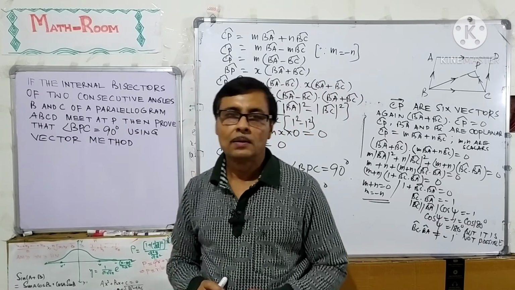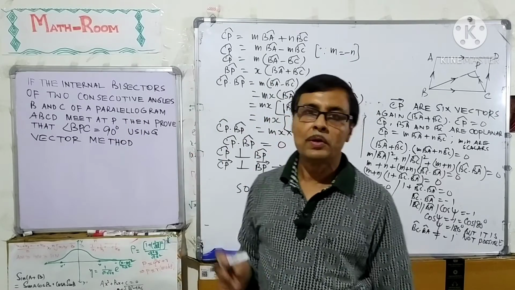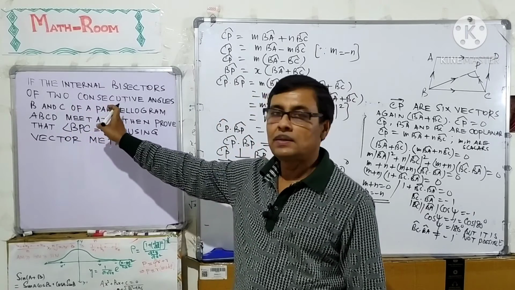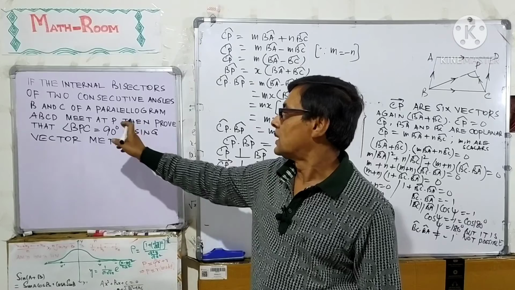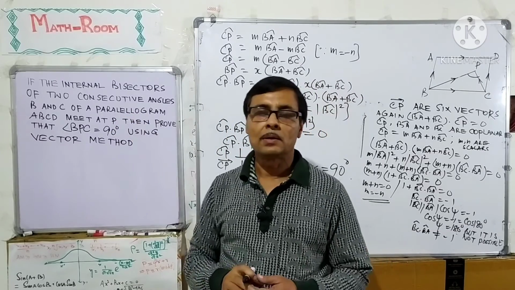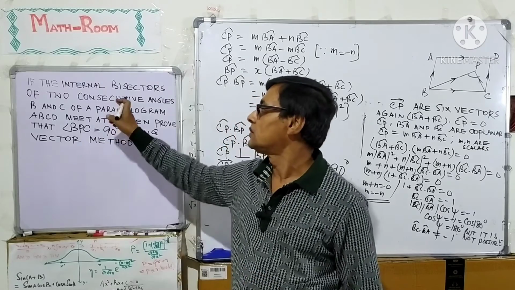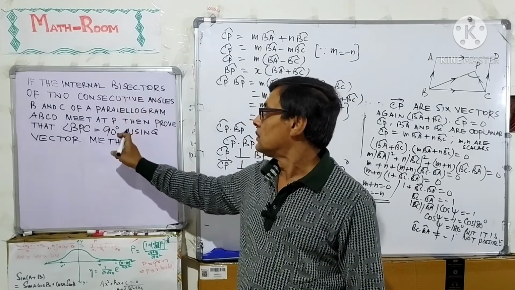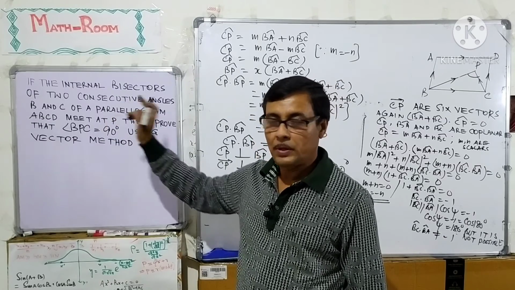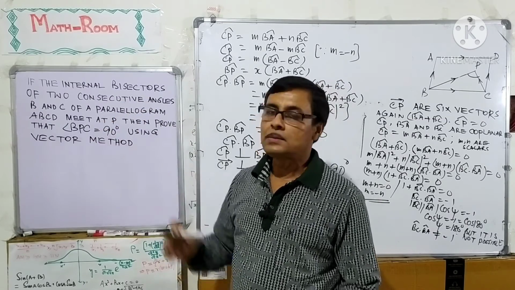BPC is the angle subtended by the two internal bisectors BP and CP of angles B and C, and this angle is 90 degree.